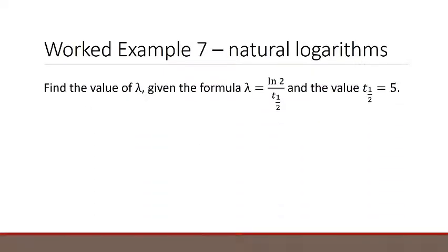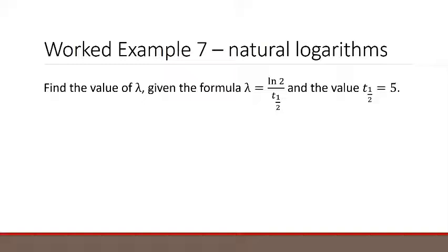Find the value of lambda, given the formula lambda equals natural logarithm 2 over t a half, and the value t a half equals 5. Now, don't be put off by more complicated expressions. ln simply means press the button on the calculator, ln. It stands for natural logarithm, or logarithm natural if you want to put it the right way around.